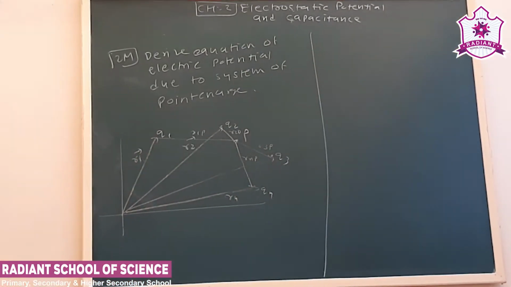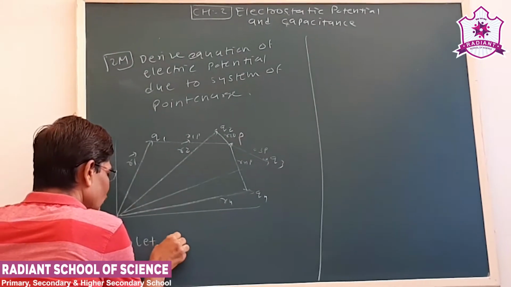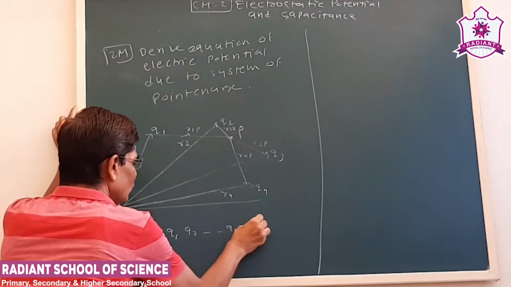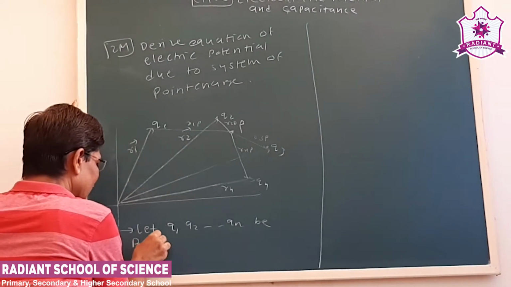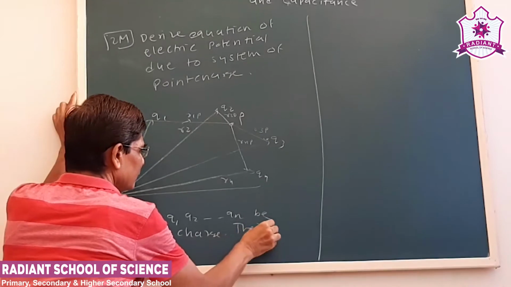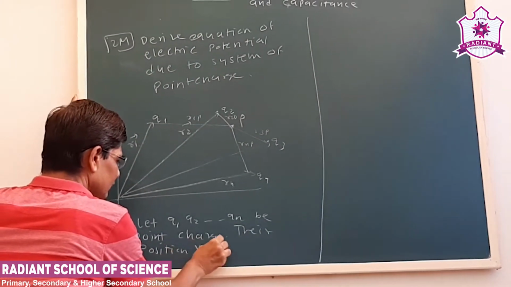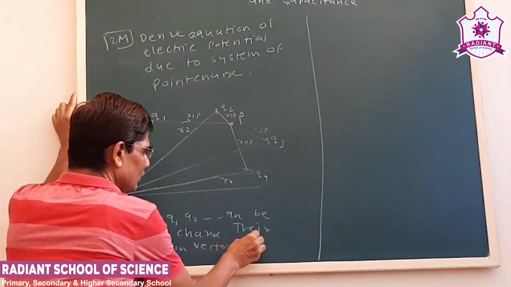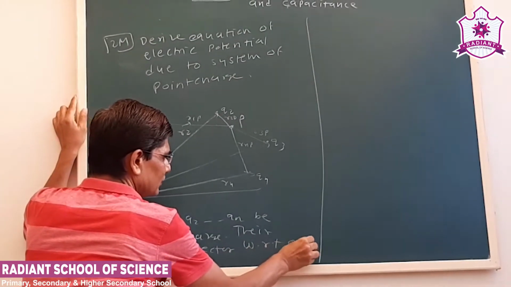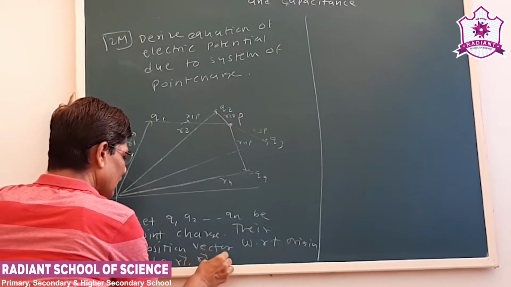Now you know the potential is a scalar quantity. So we can write like this: let Q1, Q2, Qn be point charges, their position vectors with respect to origin be R1, R2, Rn.